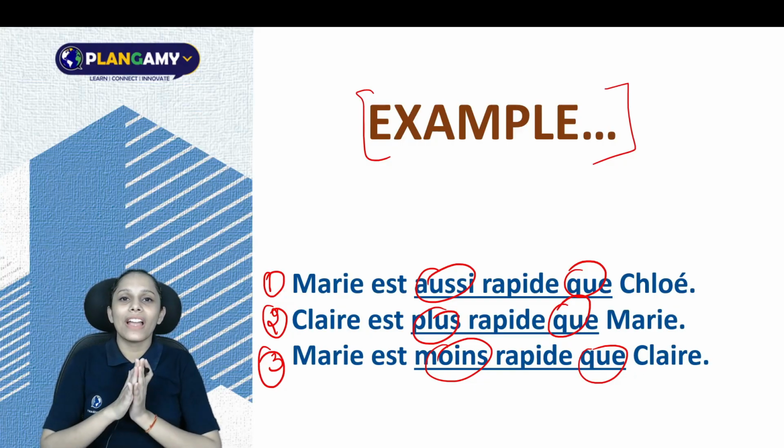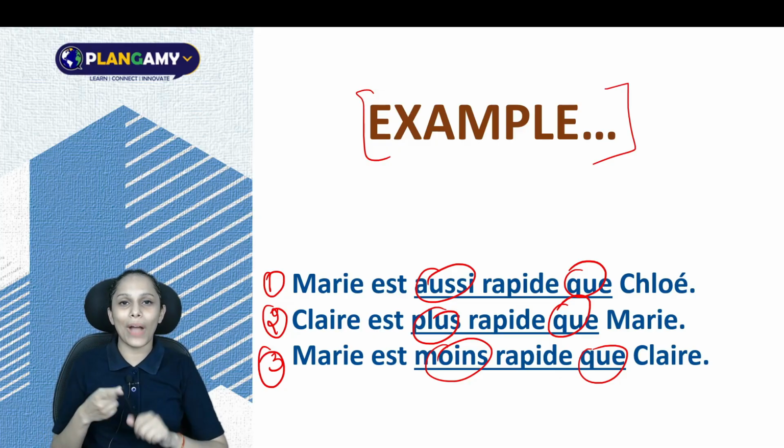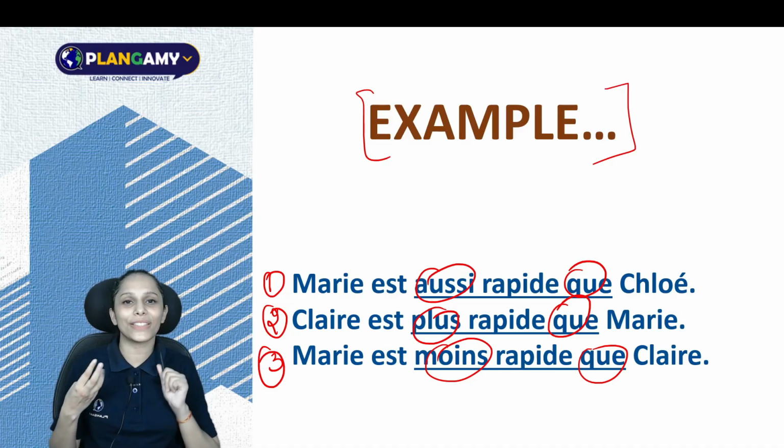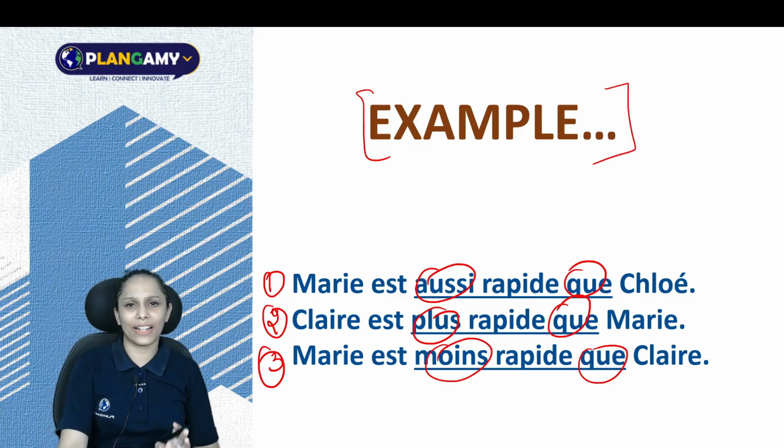Now, just remember, there are three things in comparison: equality or the degree of equality, the degree of superiority, the degree of inferiority. If you want to show equality, we will use aussi que. If we want to show inferiority, we will use moins que. If you want to show superiority, you will use plus que. Now, I hope that it is clear to you.